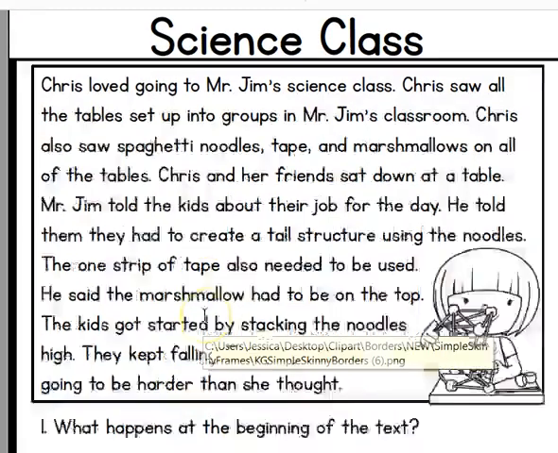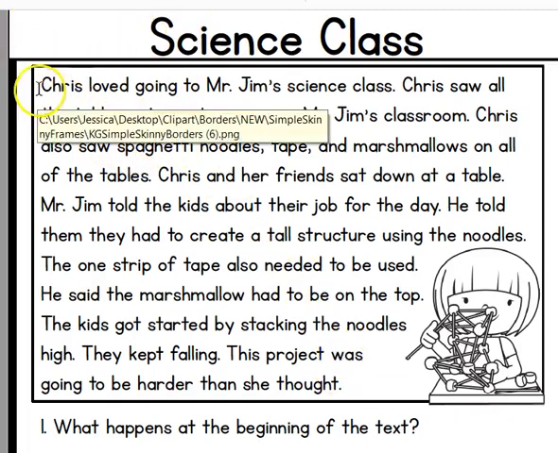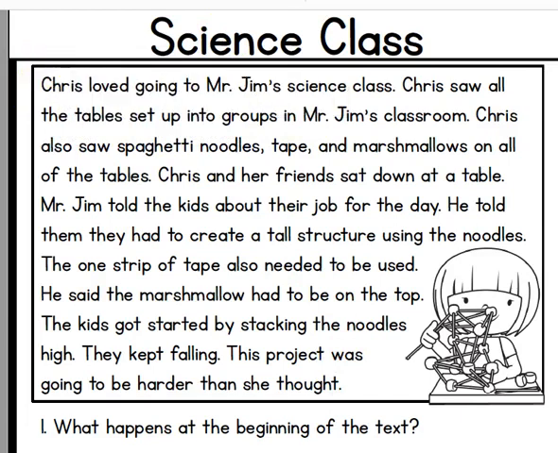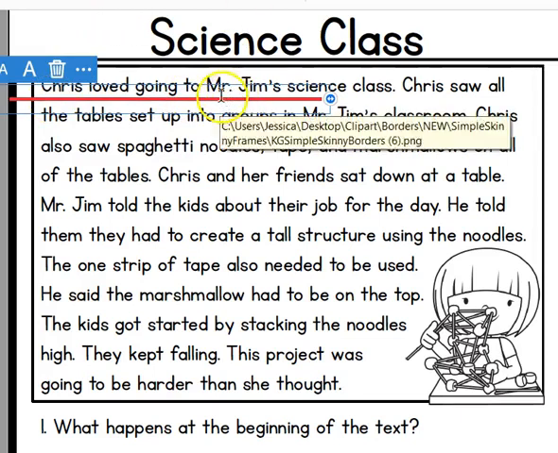All right, so now this one is going to say what happens at the beginning of the text. In the beginning, we learn how Chris loves to go to Mr. Jim's science class. Chris loved going to the science class.